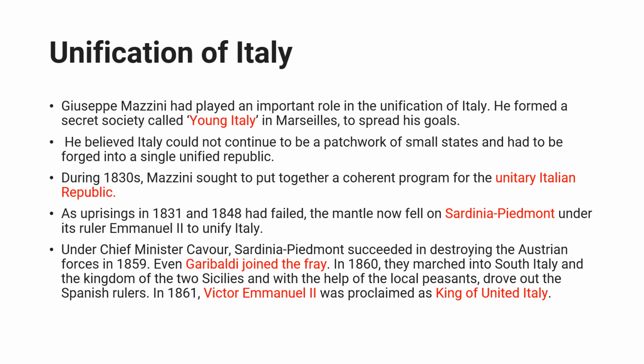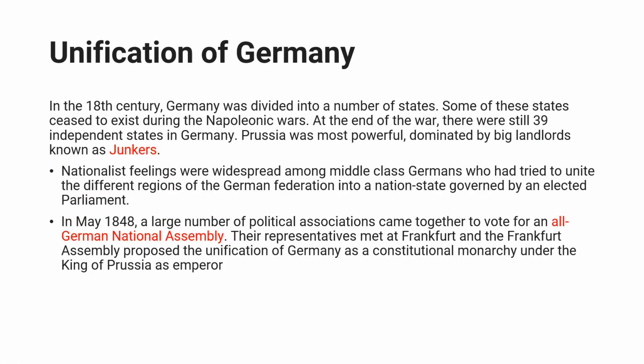Even Garibaldi joined the fray. In 1860, they marched into South Italy and the Kingdom of the Two Sicilies and, with the help of the local peasants, drove out the Spanish rulers. In 1861, Victor Emmanuel II was proclaimed King of United Italy.